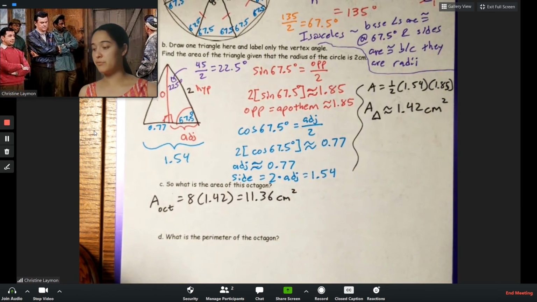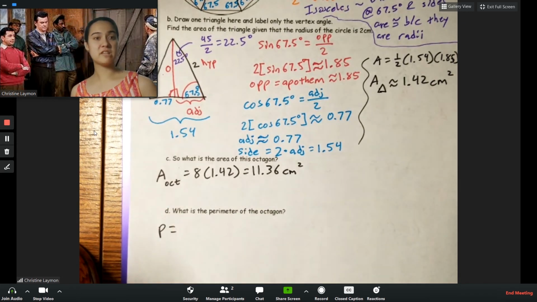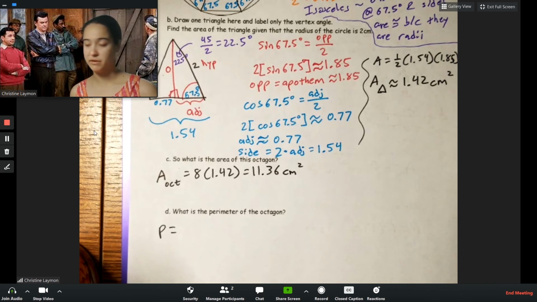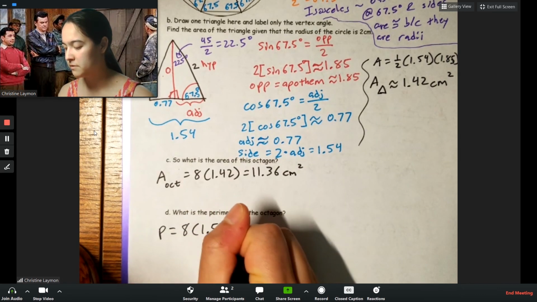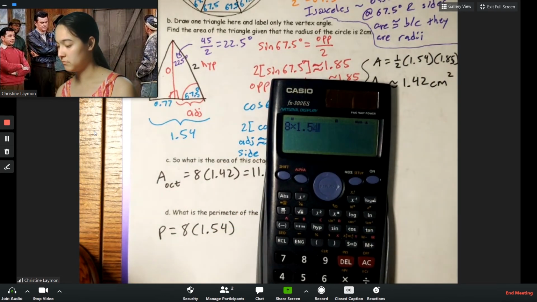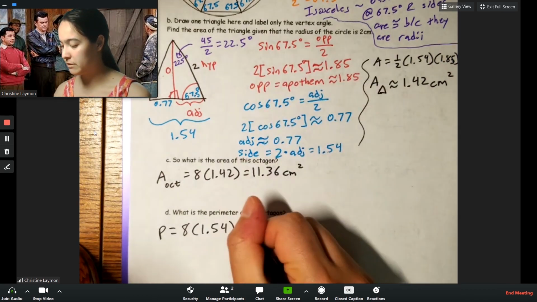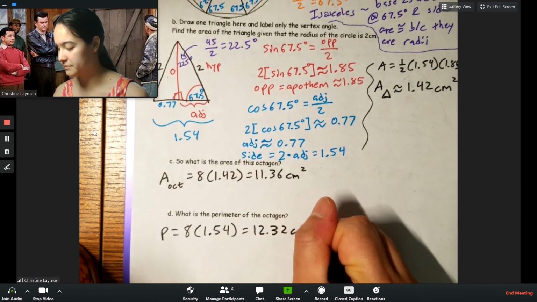And finally, that perimeter. So perimeter is the number of sides times that full length. 8 times 1.54, 12.32. So this perimeter is 12.32 centimeters.